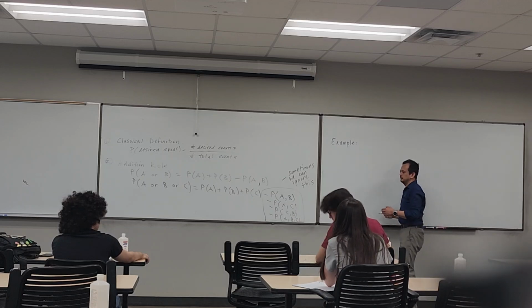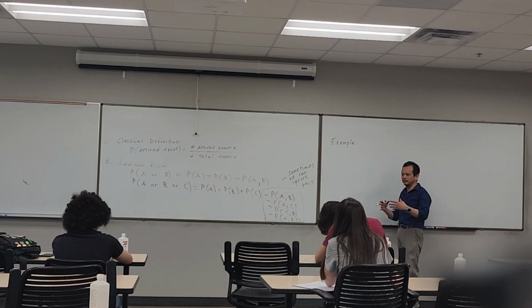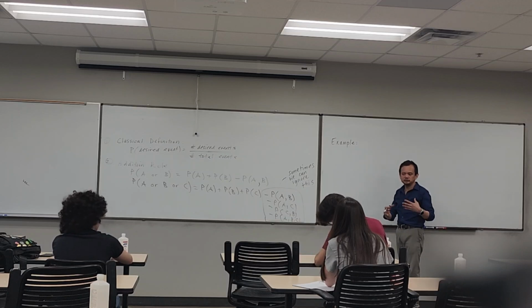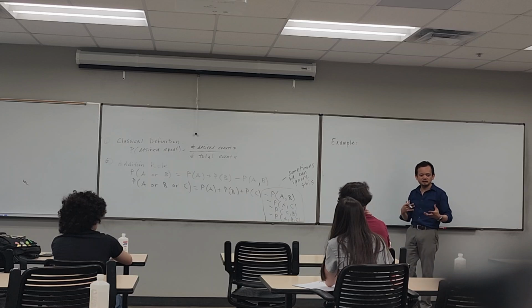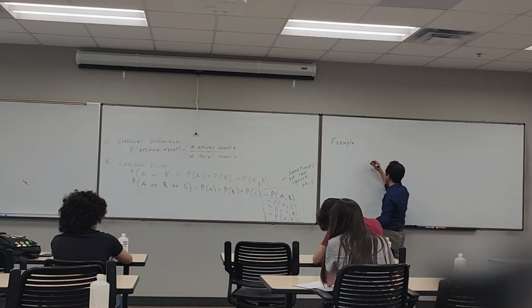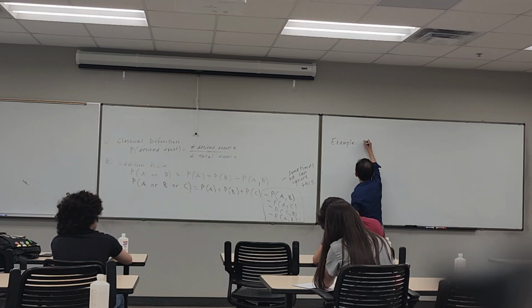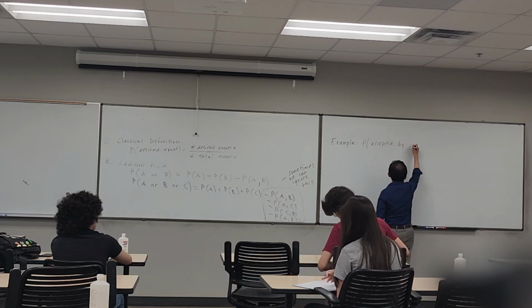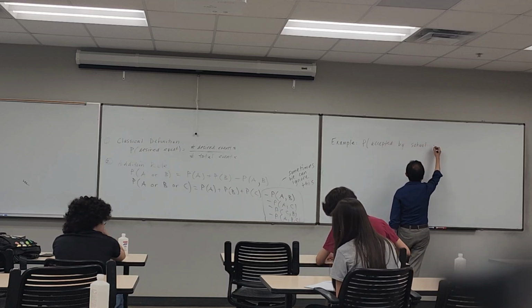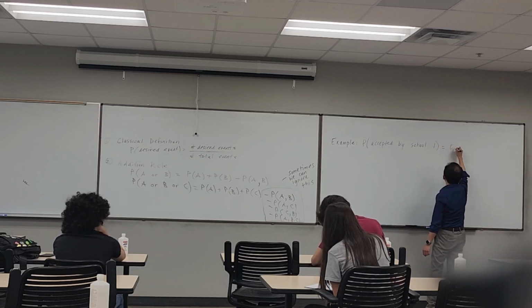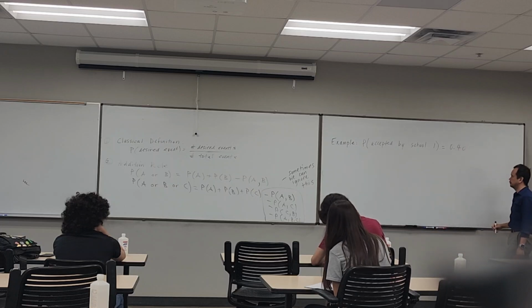Let's say that you're applying to schools, and last time when we talked about this, we made it simple, and we talked about how your rate of acceptance at each school was actually the same. But that's an oversimplification, because you know that some schools are easier or harder to get into than other schools. So let's say that the probability of getting accepted by school one is 40%. So the probability is 0.4.